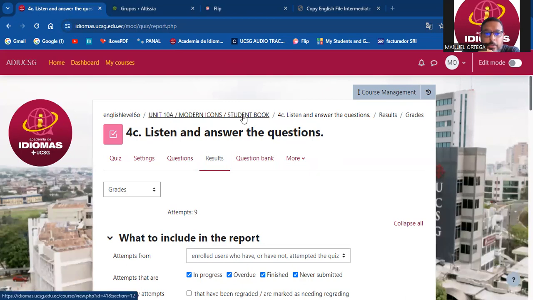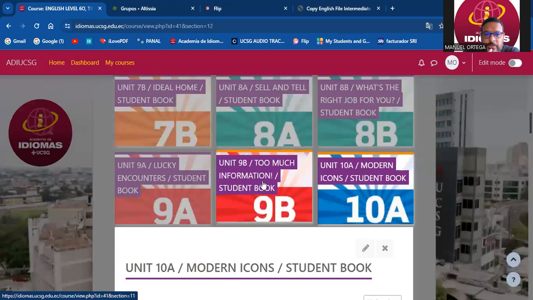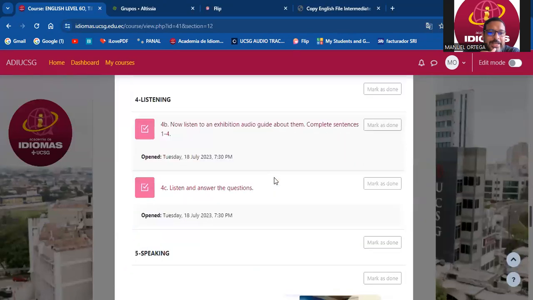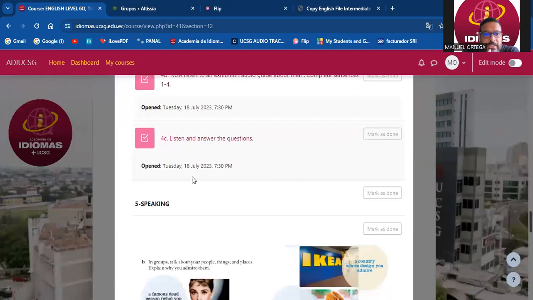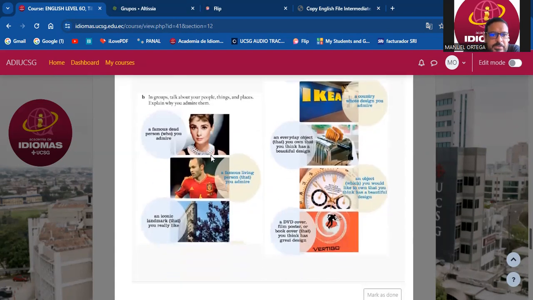Okay, going back to the main page to continue on the activities in Unit 10A. We just worked on listening for C. Now we are getting to the section of speaking. Let's take a look at what we got. On the section of speaking, we have the following.